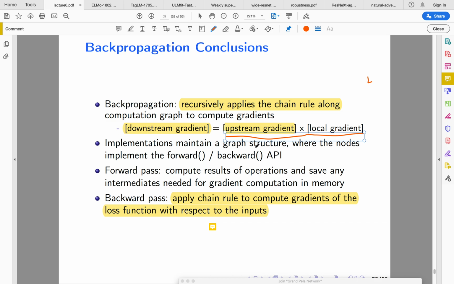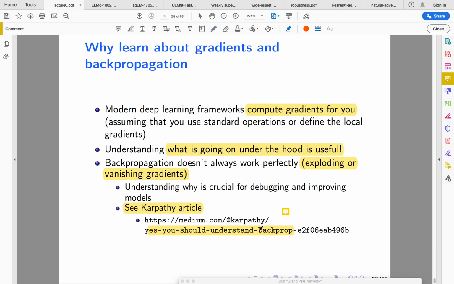For implementation, maintain a graph structure. Forward: compute the result of each operation and save the intermediates. Backward: apply the chain rule to compute the gradient of the loss. While you learn about gradients and backpropagation, modern deep learning frameworks compute gradients for you, so you can use the standard library API, but you need to understand what's going on under the hood.